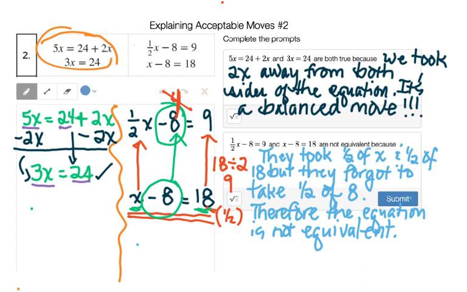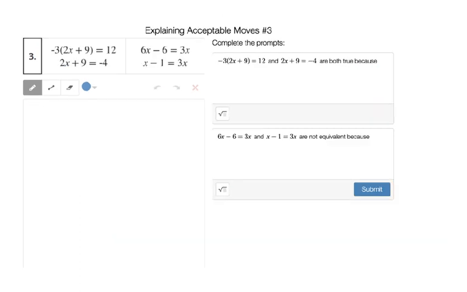Again, I'm going to stress to you that when you do a balance move, an acceptable move needs to be done to everything on both sides of the equal sign. So you can go ahead and pause the video or stop the video right there and make sure you get everything down, because we are actually going to go on and look at the next acceptable move, number 3.